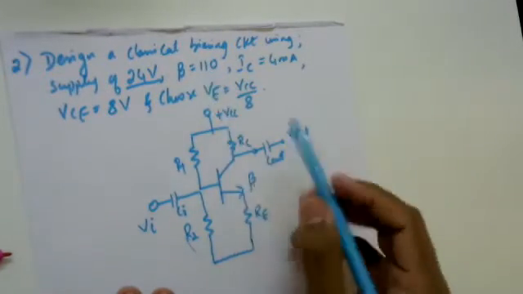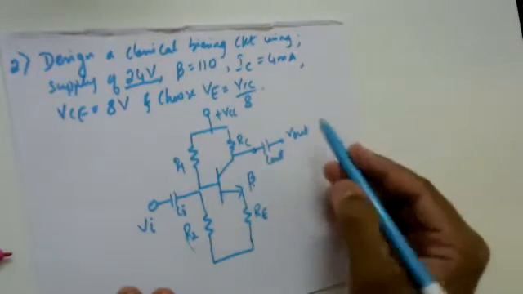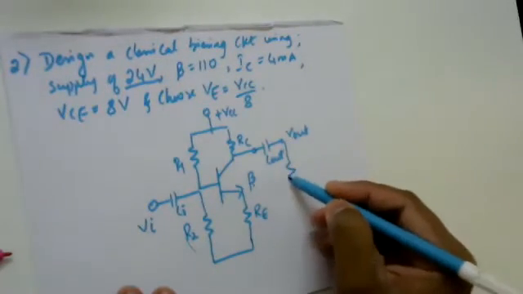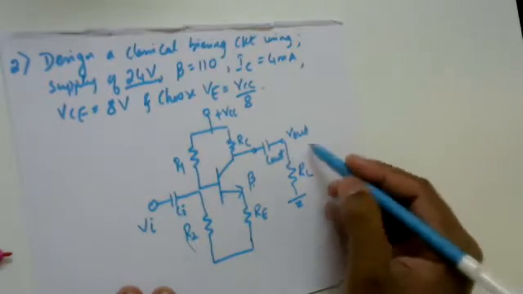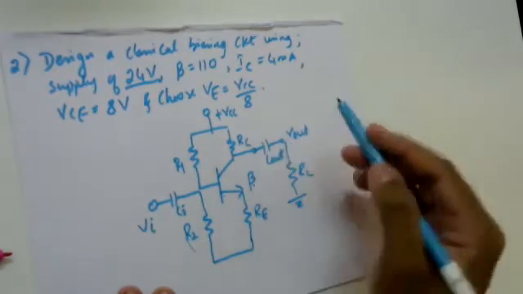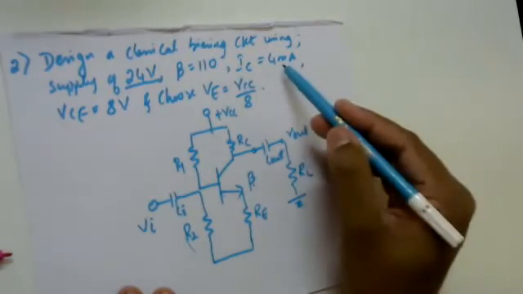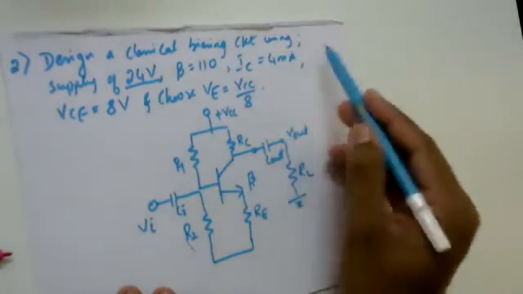Understood? Then next, he wants the output current such that whatever load he wants to install on the circuit, load resistance RL, your output should be capable of driving a current of 4 milliamps. This is a hidden meaning.